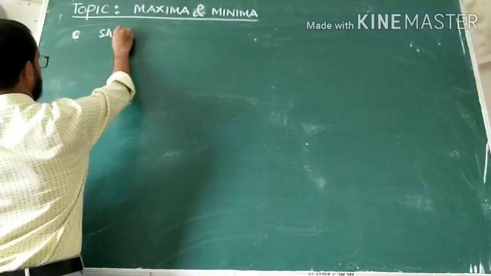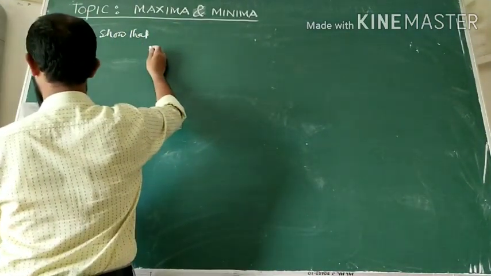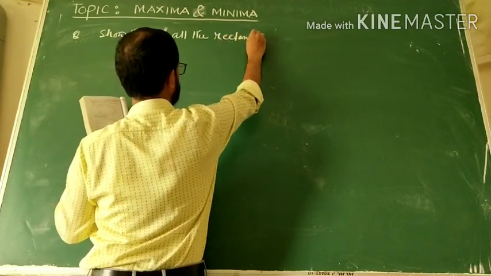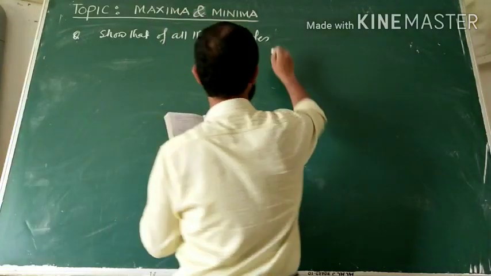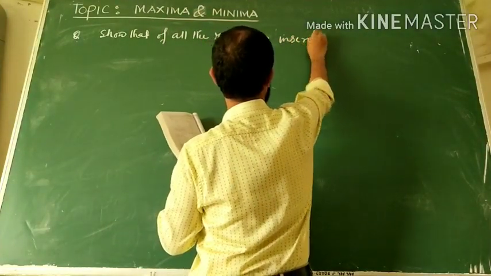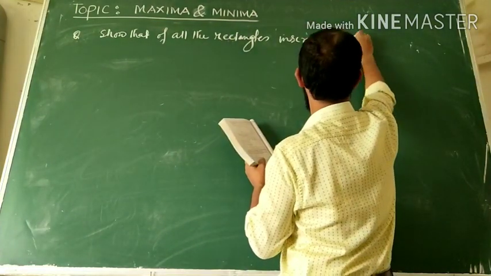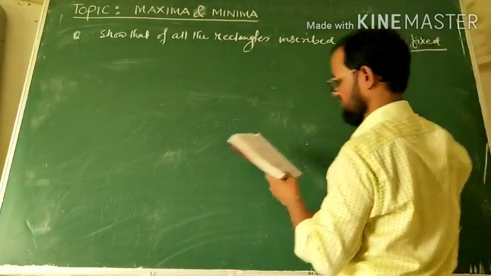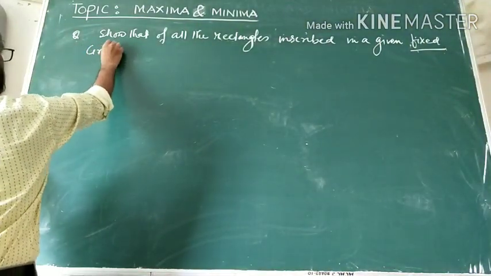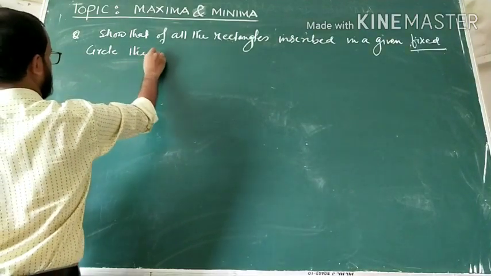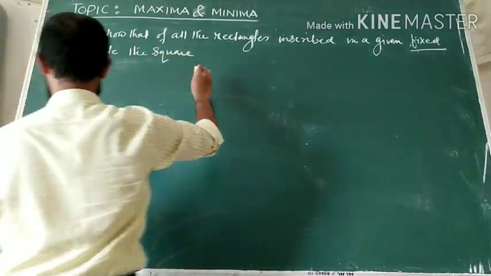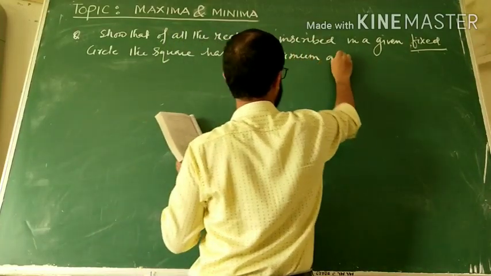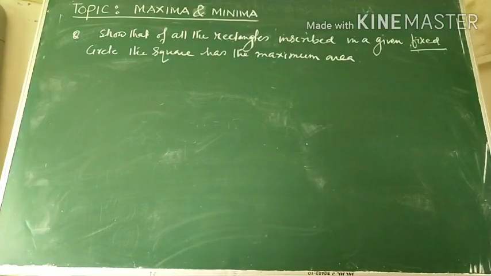Prove that of all the rectangles inscribed in a given fixed circle, the square has the maximum area.